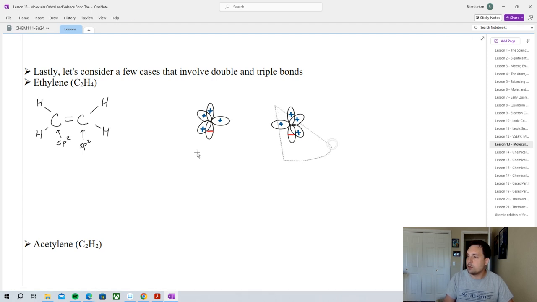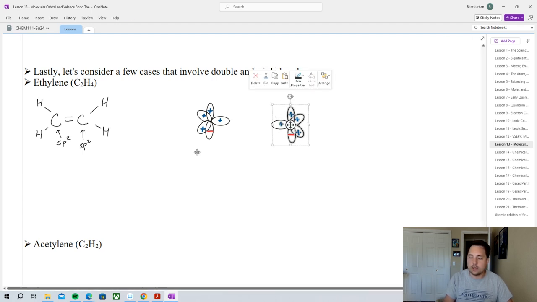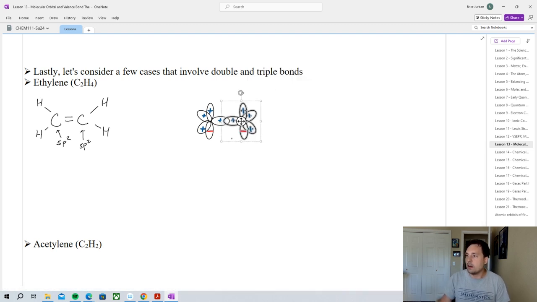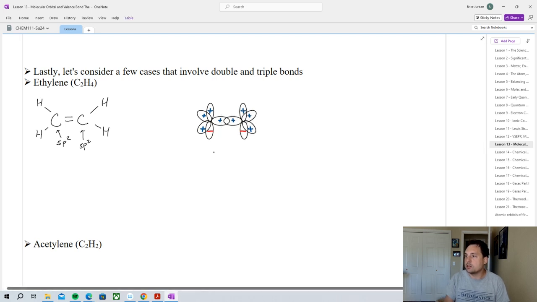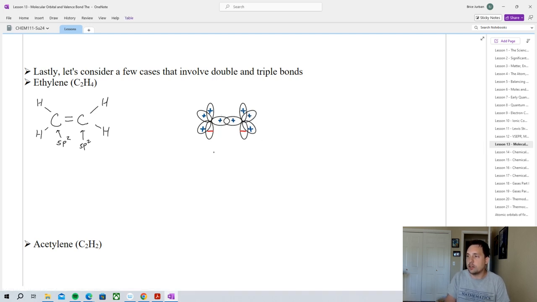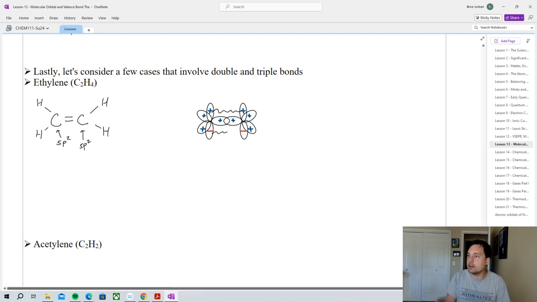Okay, so we have my first carbon and my second carbon coming together, and the sp2 hybridized orbitals will overlap in this region, and then we'll have these unhybridized p orbitals which will overlap like this to give us our pi bond.